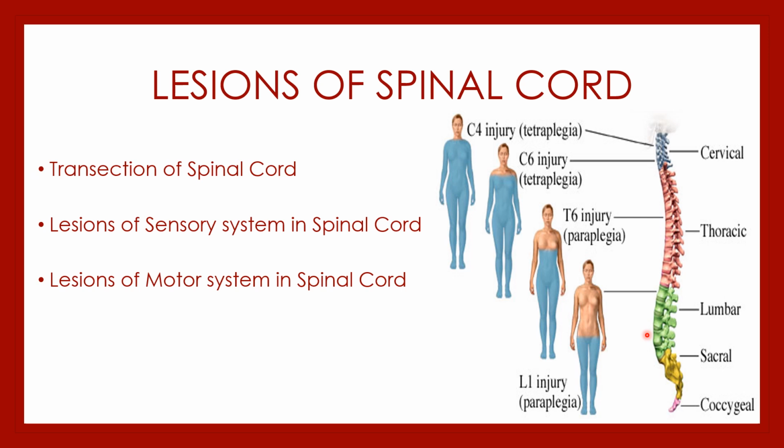If the injury happens at the cervical level, it can cause tetraplegia, that is quadriplegia, paralysis of all four limbs. Whereas if it is below the thoracic level, anywhere below T6 or up to L1, it can cause paraplegia, the paralysis of both lower limbs.